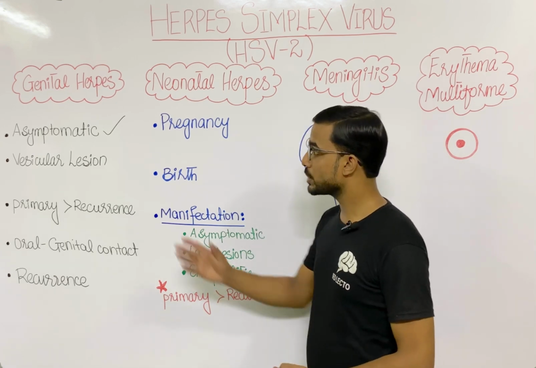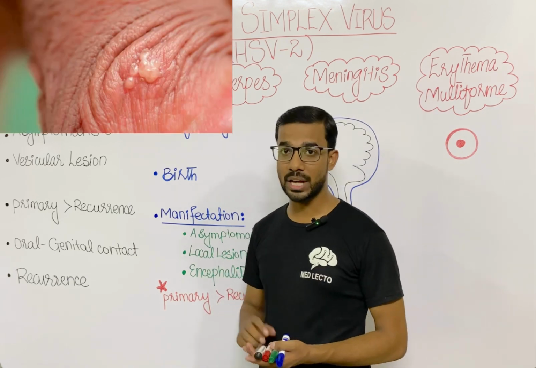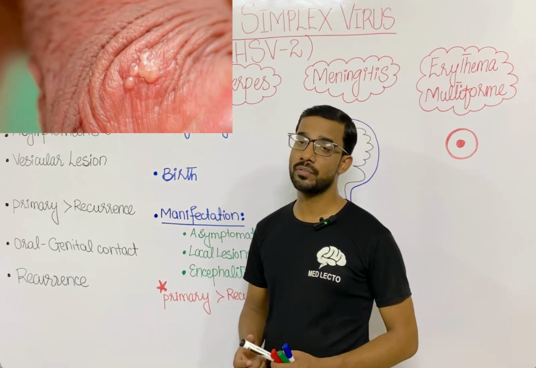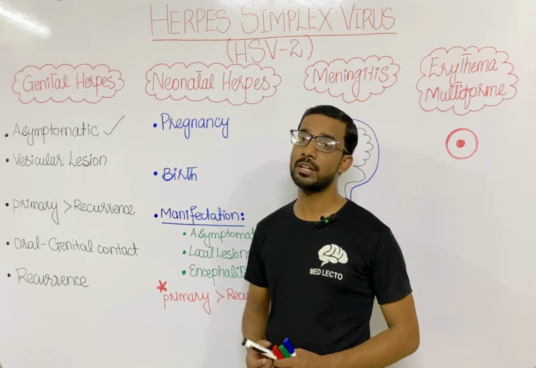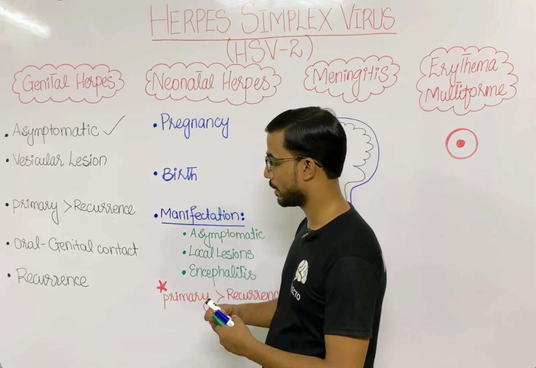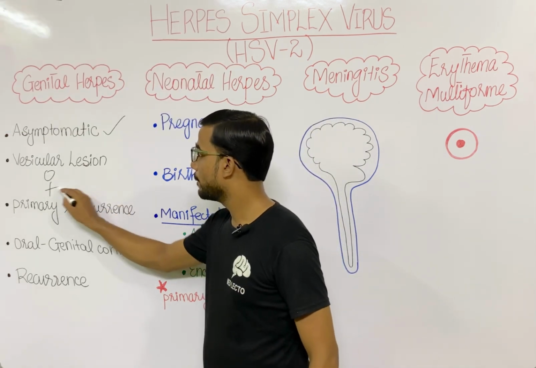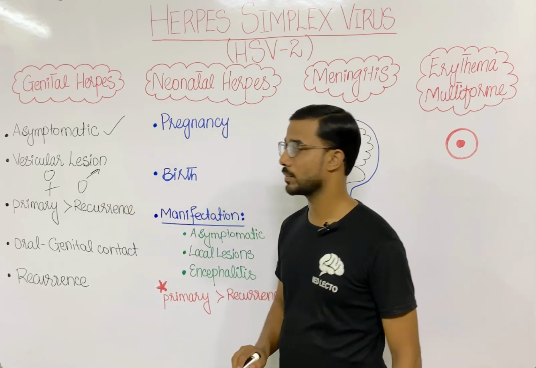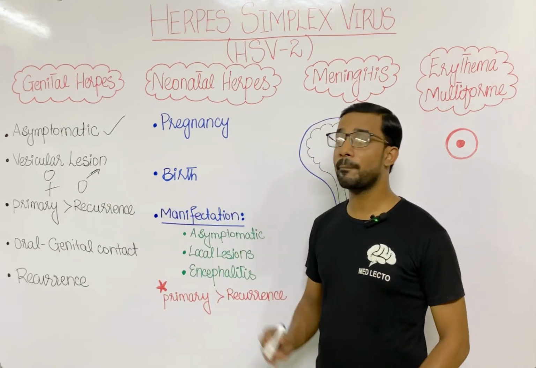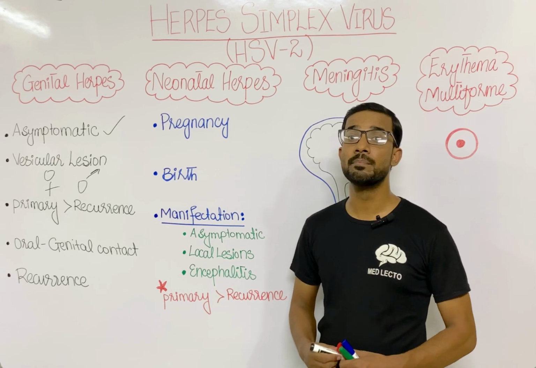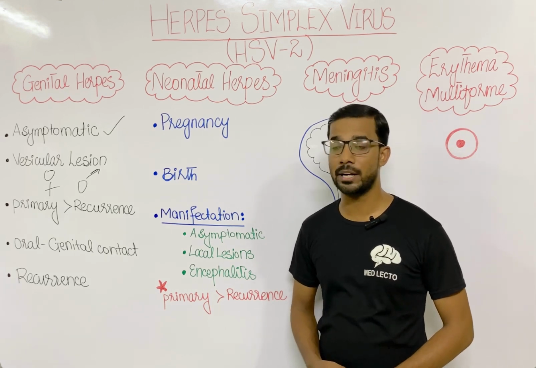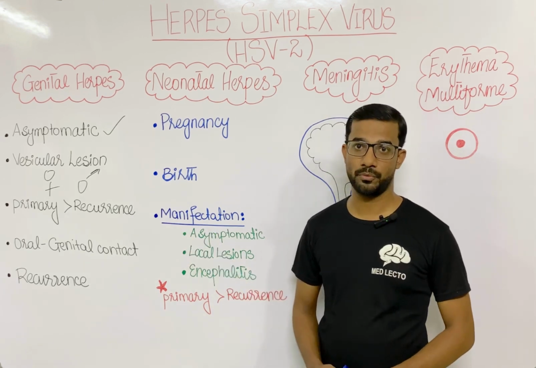Next, you will see the vesicular lesions at the genital part. In the case of a male, you will see them on the penis, and in the case of a female, on the vagina. Both in males and females. Next, the primary infection is more severe compared to the recurrent form.